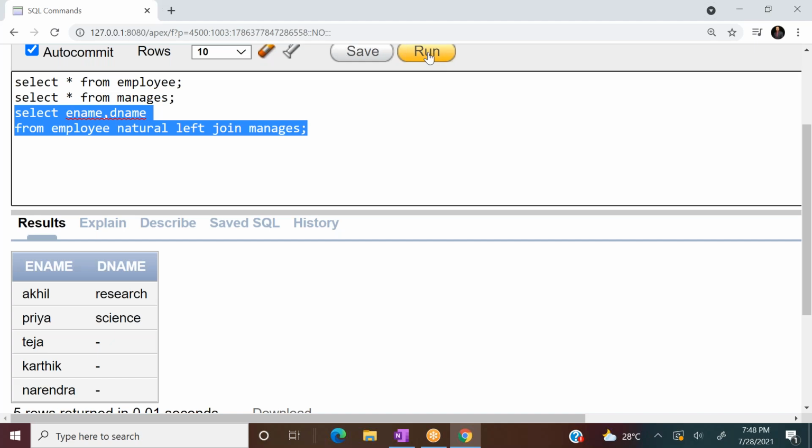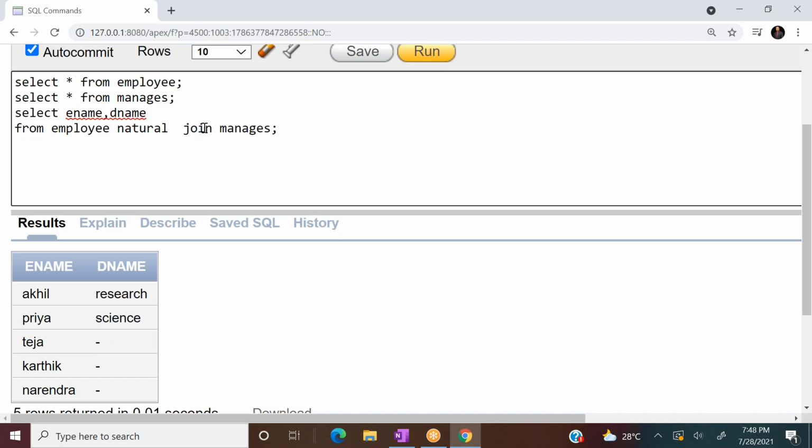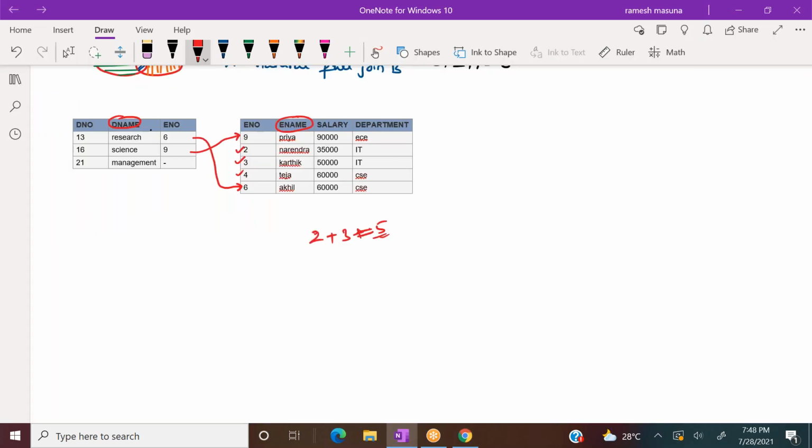Fine. Now, suppose if I wanted to write right join. Let me check. If I say right join, anyhow matching rows are there. It is left outer join. It is right outer join. Anyhow matching rows will be there, whatever the type of join may be. If I say right outer join, to the join operator, I used the right side managers table, because in the managers table, the non-matching row is only 1 record.